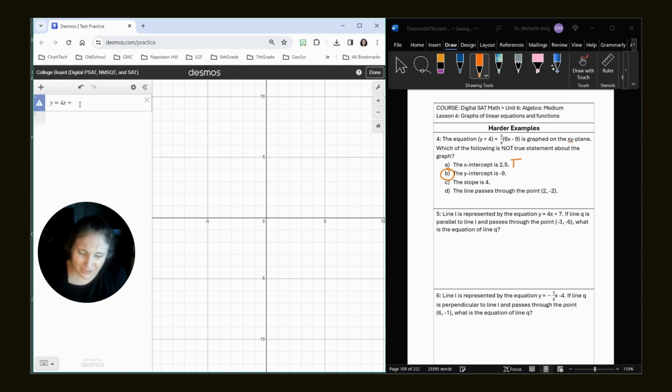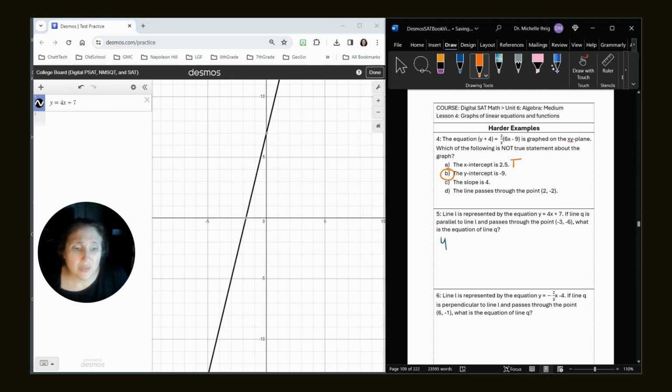Do we really need to graph it? No, we can just pull the slope from the equation because we've got y equals mx plus b. So we know that our slope is 4. In a previous video, I told you that parallel means same slope. So our new line will have a slope of 4, and we just have to figure out the y-intercept.